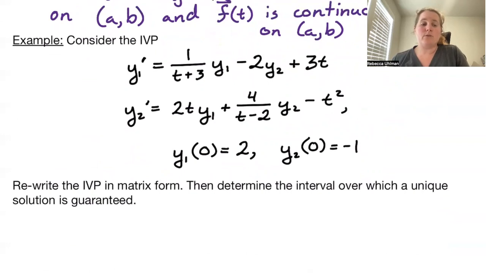So the first thing we're going to do is rewrite this IVP in matrix form and then determine the interval over which a unique solution is guaranteed.